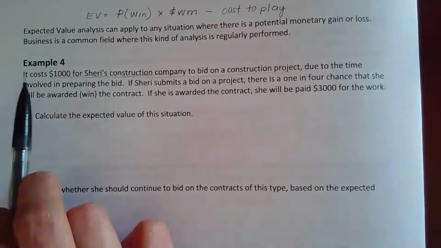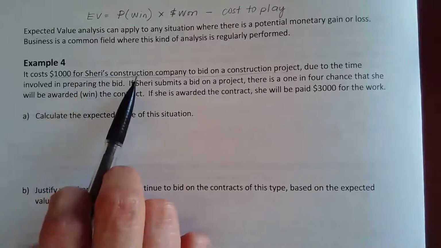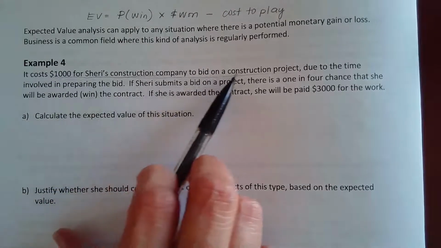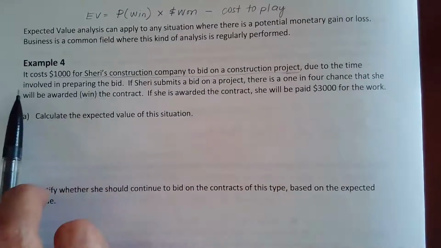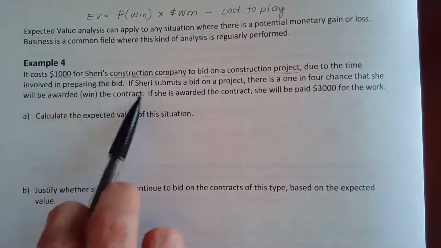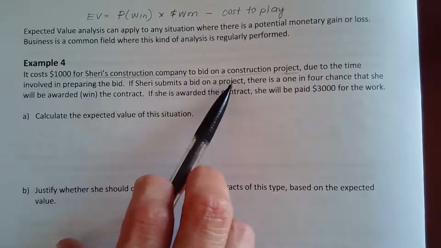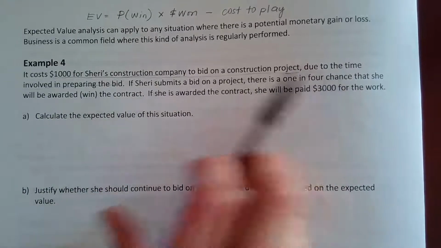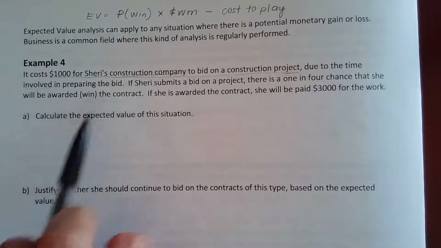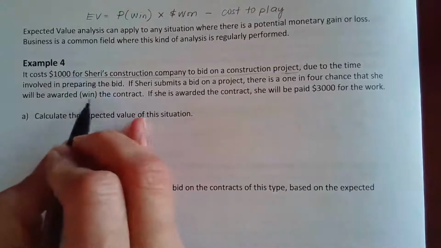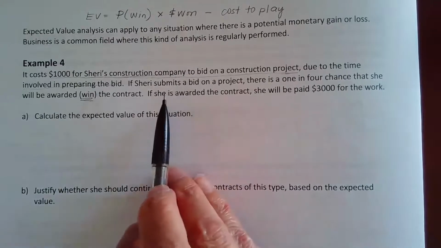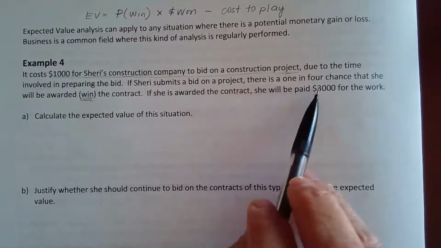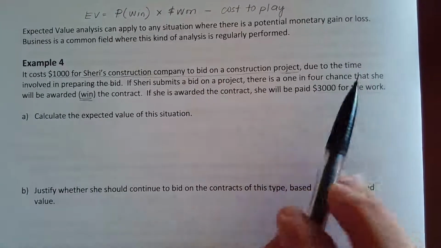It costs $1,000 for Sherry's construction company to bid on a construction project, due to the time involved in preparing the bid. If Sherry submits a bid on a project, there's a 1 in 4 chance that she will be awarded the contract. If she's awarded the contract, that is a win for her. She will be paid $3,000 for the work.